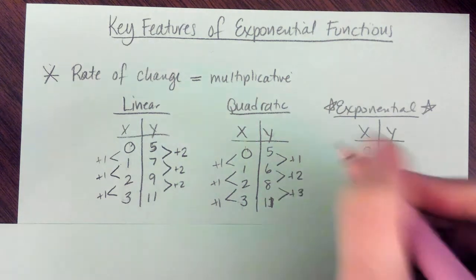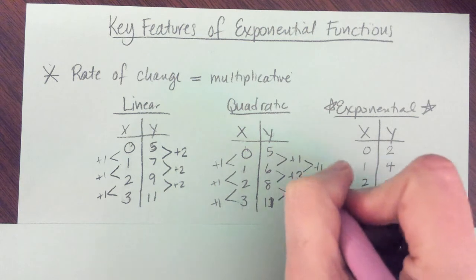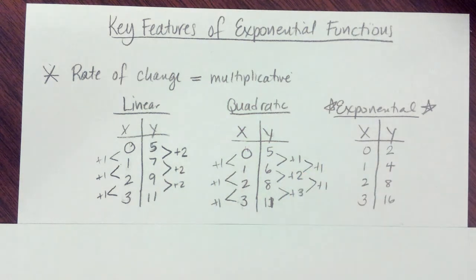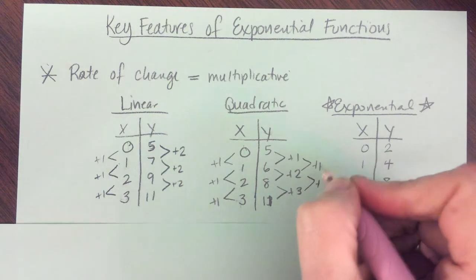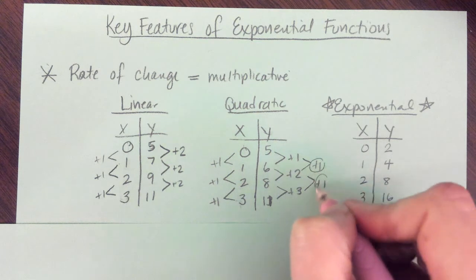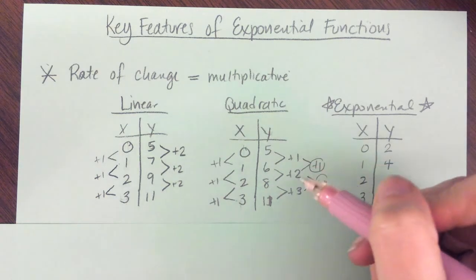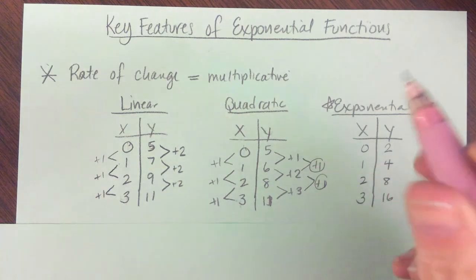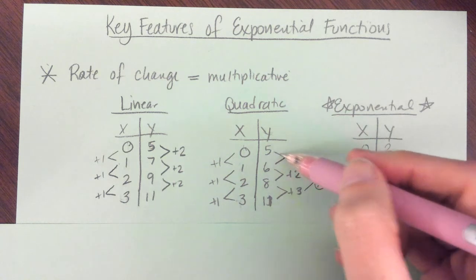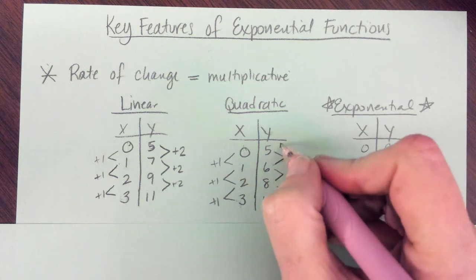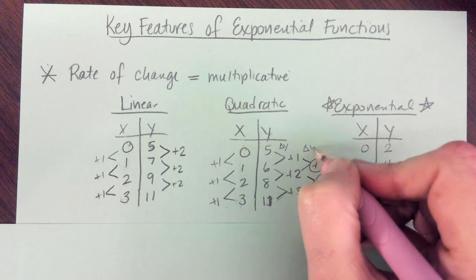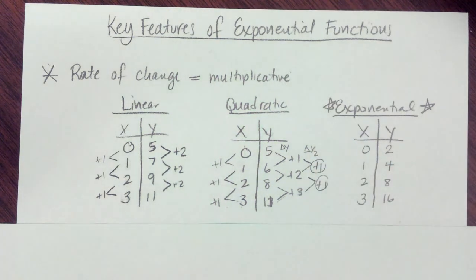Anyway, for this one, I have to go out 2 differences to get the same additive increase. So my rate of change, I can't just look at the first difference, delta y. I have to look at delta y2, the second difference, to go out that far.